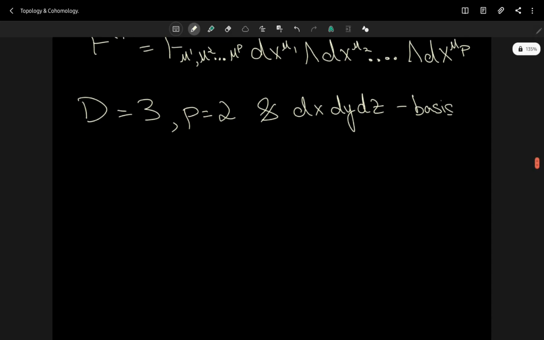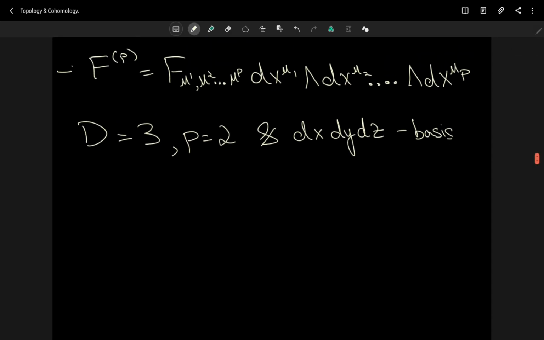Now you can write this down using this definition as f2 is equal to fxy dx wedge product with dy, right?